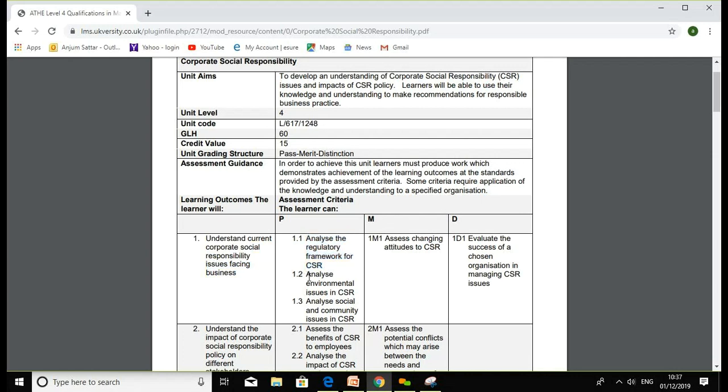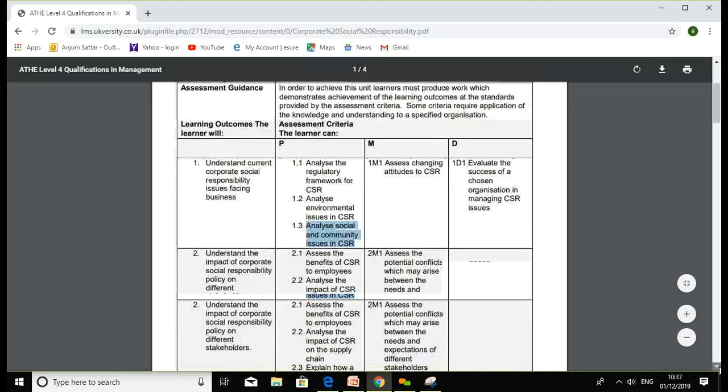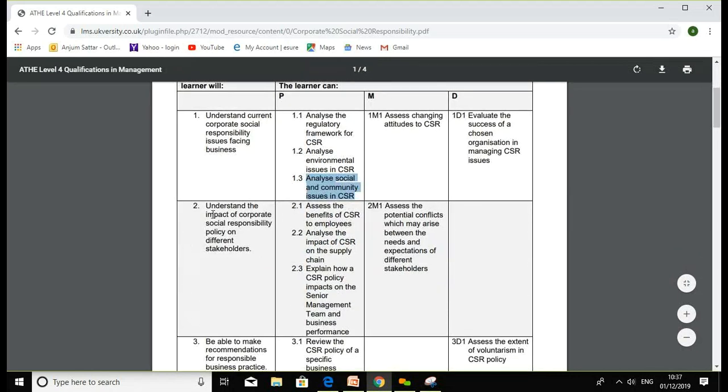CSR is called corporate social responsibility. We'll analyze the environmental issues in CSR, how we can address those in an organization, and analyze the social and community issues within CSR.